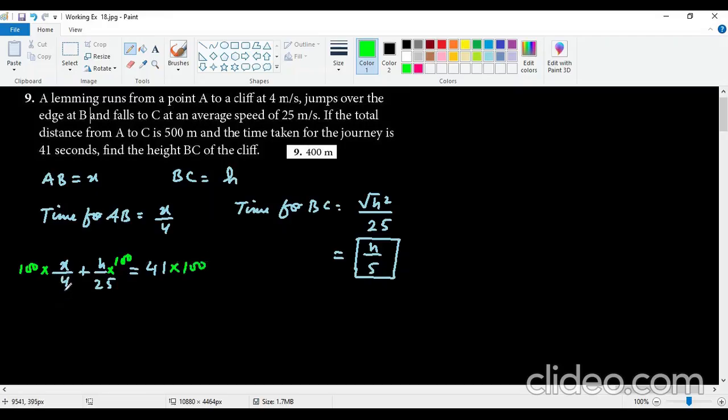So 4 times 25, 25 times 4, and this is 4100. So this is going to be 25x plus 4h equals 4100.